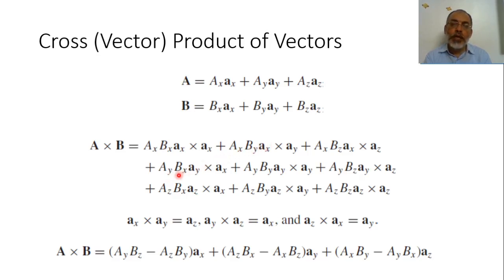By taking AZ as a common factor and considering that this is minus AZ, not AZ, in this case the Z component would be AX BY minus AY BX in the Z direction. You can follow up the remaining parts to find the X component and the Y component. Okay?